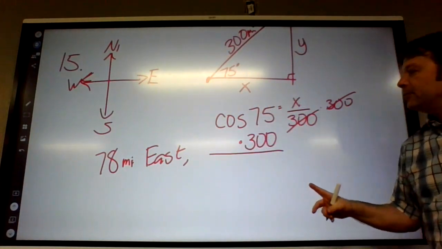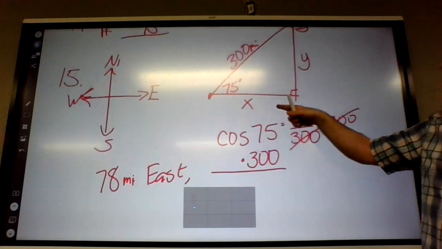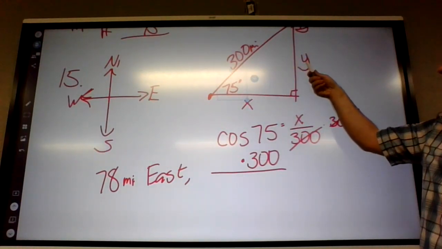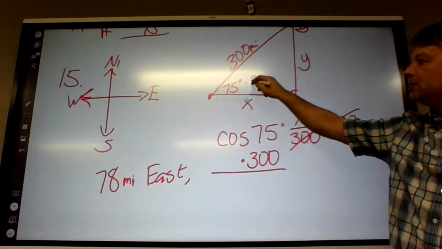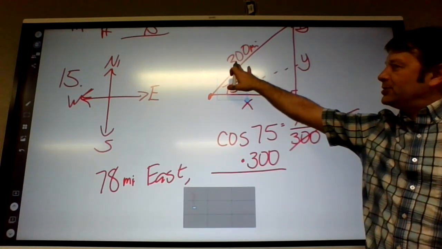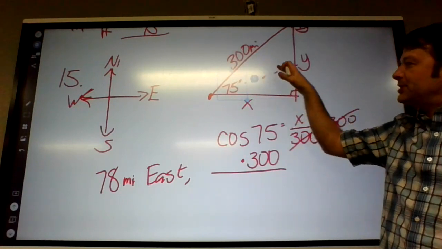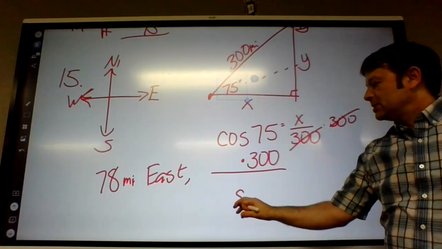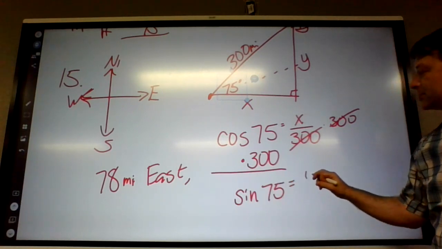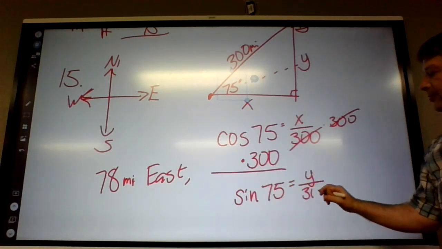Okay, now starting with the y, relative to this angle, y is the what side? Opposite, across the street. And we know the hypotenuse, so which trig function uses opposite and hypotenuse? Sine. Sine of the angle equals opposite over hypotenuse.